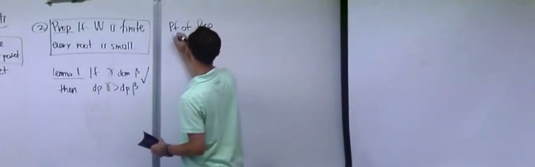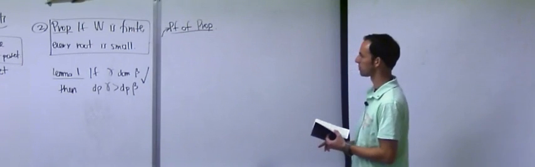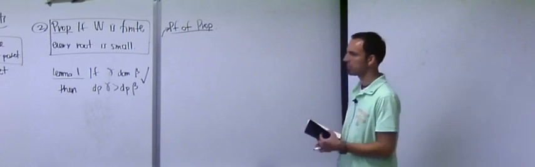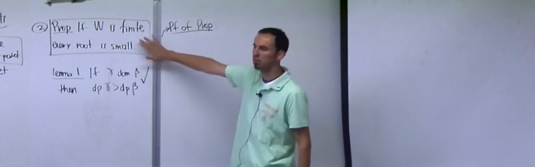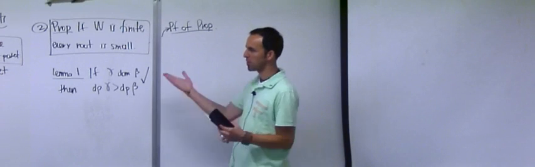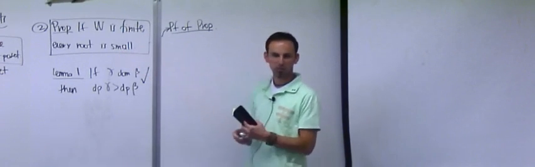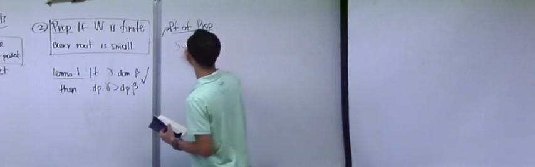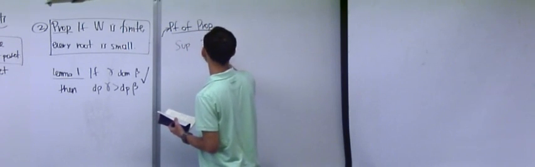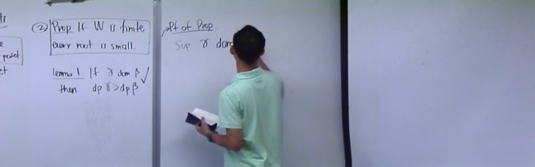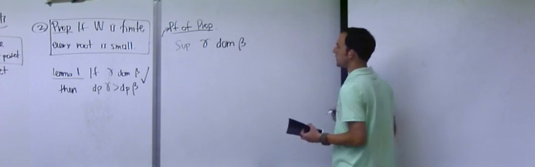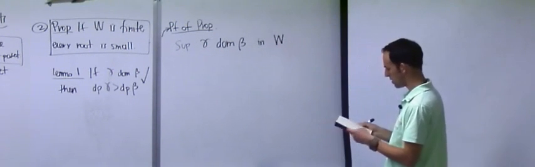Proof of this proposition: what I'm going to prove is that basically there's no domination in a finite group. Okay? And there's no domination because of this map that does supposedly two opposite things. So suppose there was a domination in W. Okay?